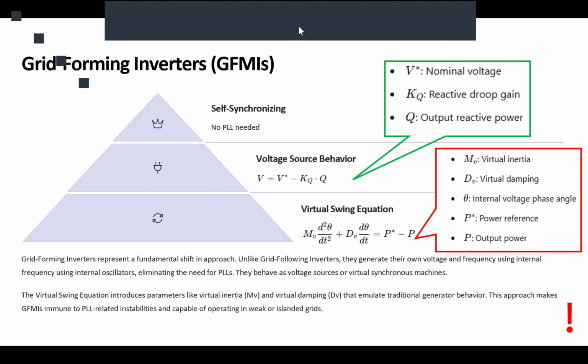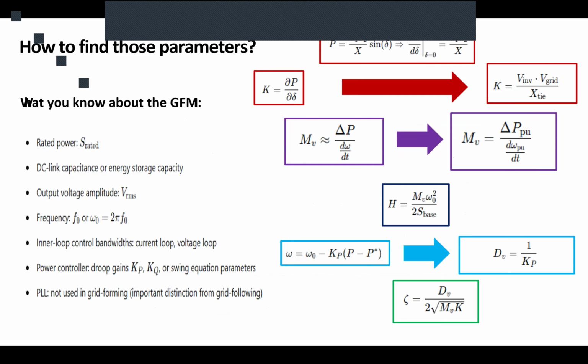And the P is the P out, the one that oscillates. If you remember, PE was oscillating as a sine kind of function, and PM was a constant function. Then we talked about the general swing equation. Now, how could we find those MV and DV and all those things?